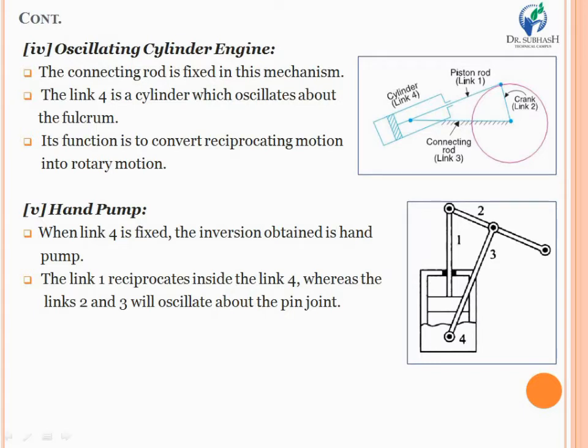In the hand pump, link 1 will reciprocate inside the piston and cylinder assembly, whereas links 2 and 3 will oscillate about the pinpoint. You can see that links 2 and 3 are connected with a common pinpoint, and whenever you apply force at the end of link 2, the piston will reciprocate inside the piston and cylinder assembly.